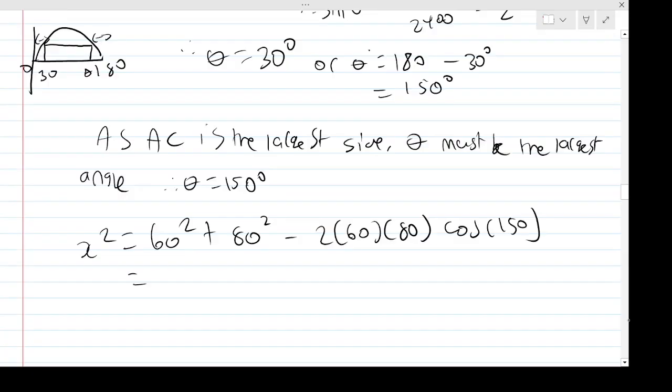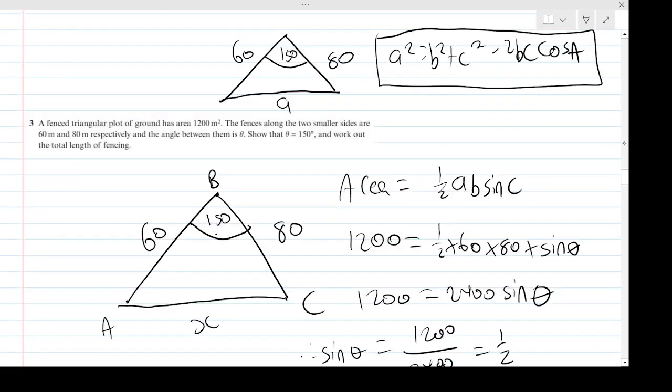And so if I do that then, I get X squared is this number here, 18313.843, not degrees, sorry, meters, is it?